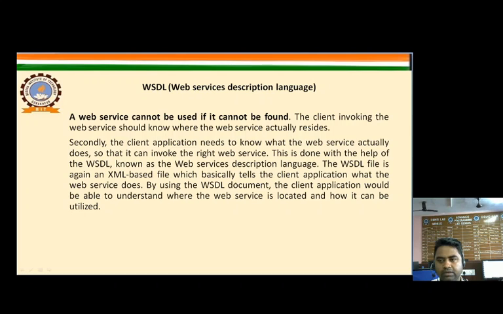The WSDL file is again an XML based file which basically tells the client application what the web service does. And by using the WSDL document, the client application would be able to understand where the web service is located and how it can be utilized.